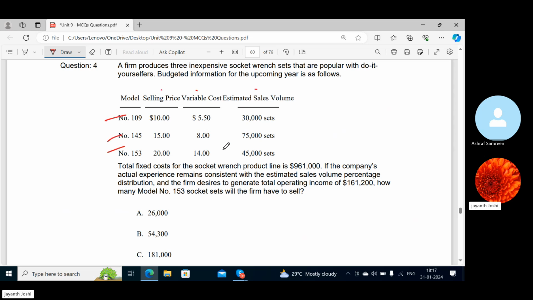Total fixed cost for the socket wrench product line is this. If the company's actual experience remains consistent with the estimated sales volume percentage distribution, and the firm desires to generate total operating income of this much, how many model number 153 socket sets will the firm have to sell? They're asking. Please read the question properly.